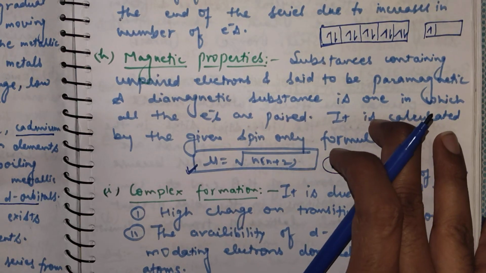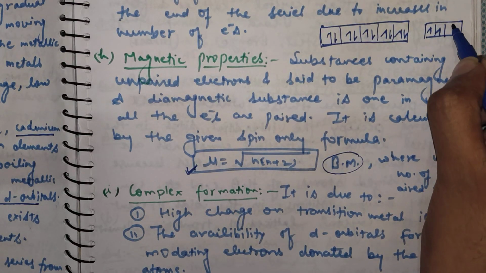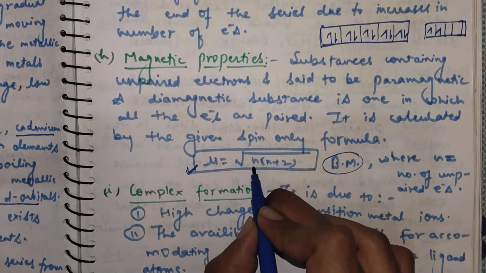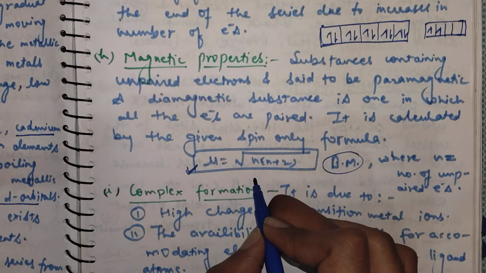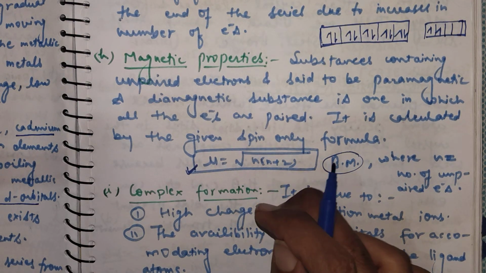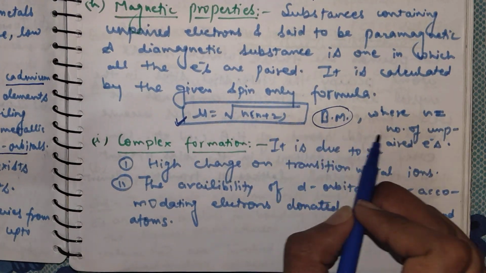In this way we can easily calculate the magnetic moment. If there are 2 electrons in any d orbital, then putting the value of 2: 2 plus 2 is 4, 4 times 2 is 8, so root 8. Similarly for 5 unpaired electrons, root 35. We can easily calculate the magnetic moment according to the number of unpaired electrons.